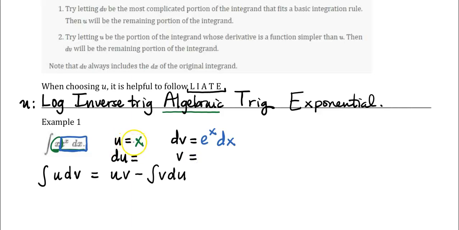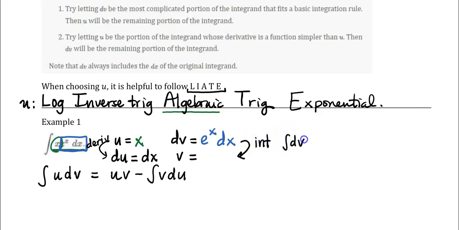So in order to get du from u, we're going to take a derivative. The derivative of x is simply dx, or 1 dx. On the other side, we have dv, but we need to find v. In order to get v, we're going to have to integrate.